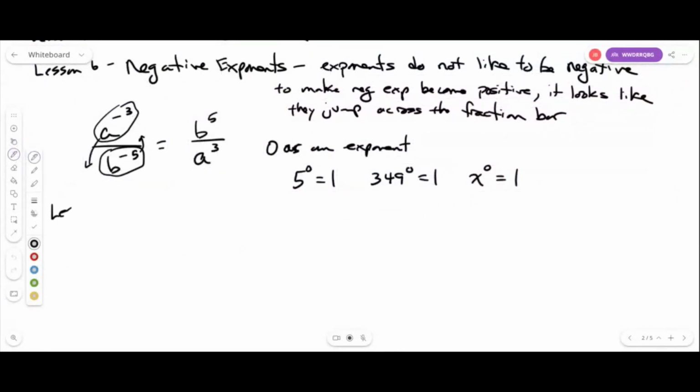Okay, then we move to negative exponents with negative bases.